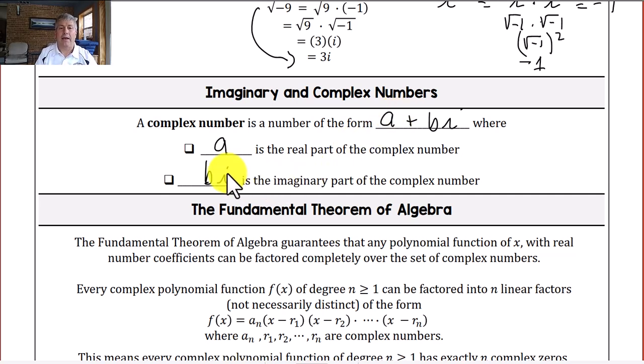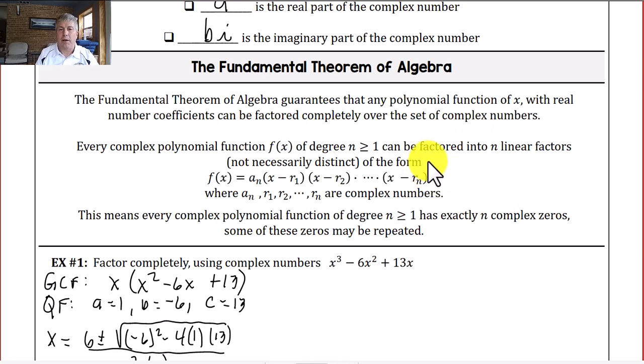But now we're adding the imaginary part as well, so when we have the real part and the imaginary part, we then see it as a complex number. And the order in which you write this matters, so you always have to do the real part to the left and the imaginary part on the right.